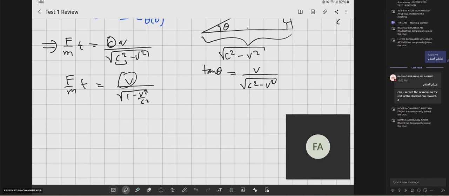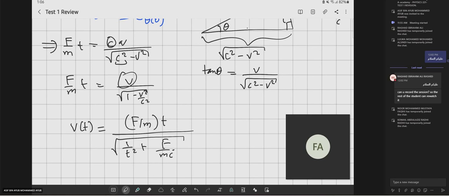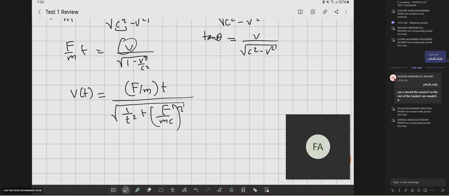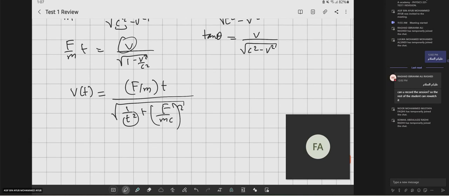So the final form of V of t, if you solve for this, is F over m t over square root of 1 over t squared plus F over mc squared, the whole thing squared. This is our final form of Vt. You can do simplification here. I can take t squared out.